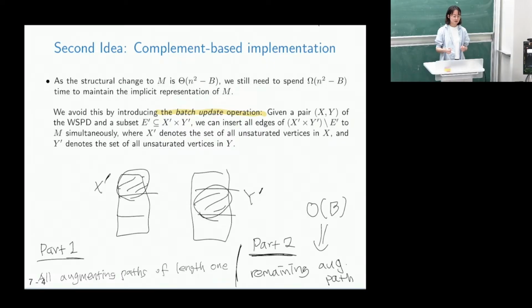So we can update the matching in the first part using implicit update. That is, for each pair of point sets, we just specify the edges not contained in the augmenting path.